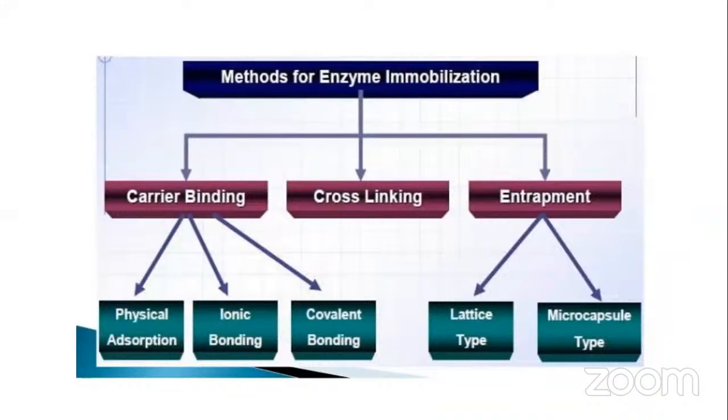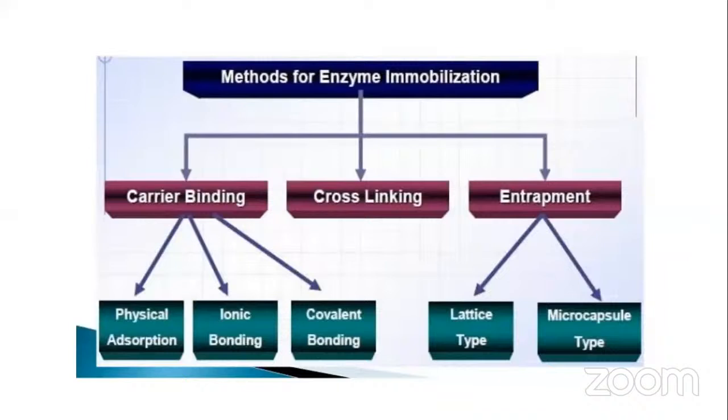You can also link that by covalent bond. One of the problems with physical adsorption is there could be leaching by constant washing. And therefore, to avoid even that, one can covalently link this. I will show some examples of how to covalently link to a surface. Or there is a method which we call cross-linking, which means you can use a bifunctional reagent.